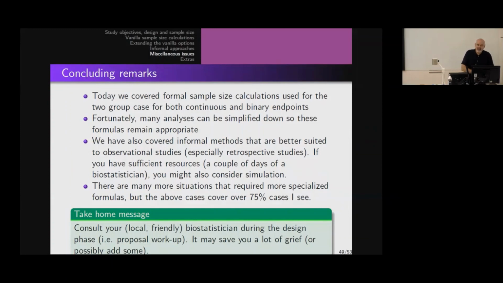I also talked about informal methods that are better suited to exploratory observational studies. You could also consider simulation, but bear in mind you're probably going to need a biostatistician to work on that for 2 or 3 full days. There's a lot of programming involved in it. So you want one as a CI on your grant if you're going to do that, okay?